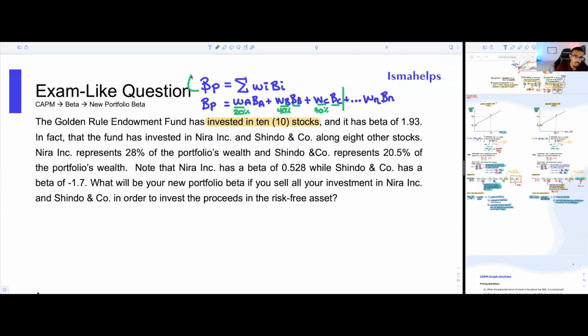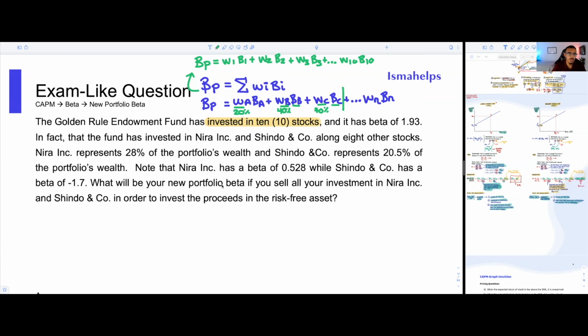The beta of the Golden Rule Endowment Fund, their portfolio, would be equal to the weight of asset 1 times the beta of asset 1, plus the weight of asset 2 times the beta of asset 2, plus the weight of asset 3 times the beta of asset 3, little dots because I'm lazy, all the way to the weight of asset 10 times the beta of asset 10. Do you get what these three little dots are trying to highlight? You just have to repeat this again and again and again.